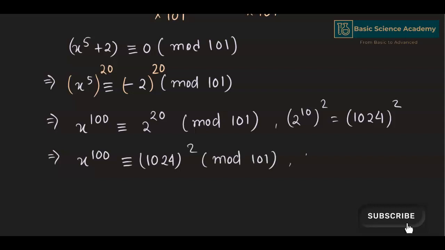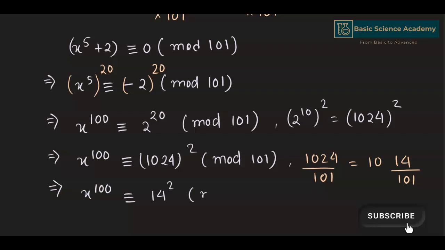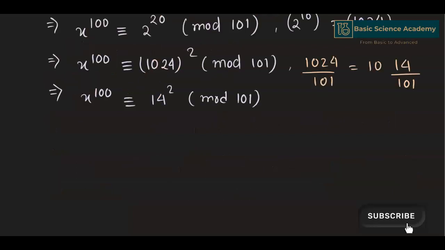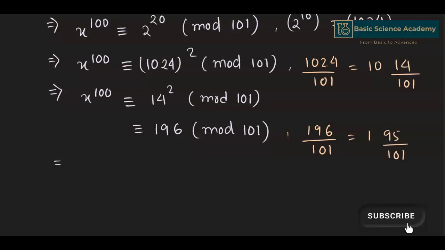When we divide 1024 by 101, it gives a remainder of 14. This gives x to the power of 100 is congruent to 14 squared mod 101, and 14 squared is 196. When we divide 196 by 101, it gives a remainder of 95. This gives x to the power of 100 is congruent to 95 mod 101.